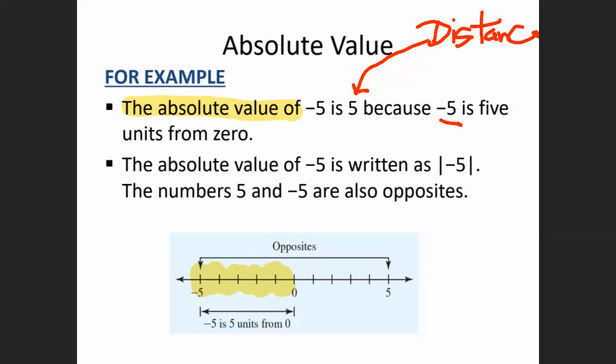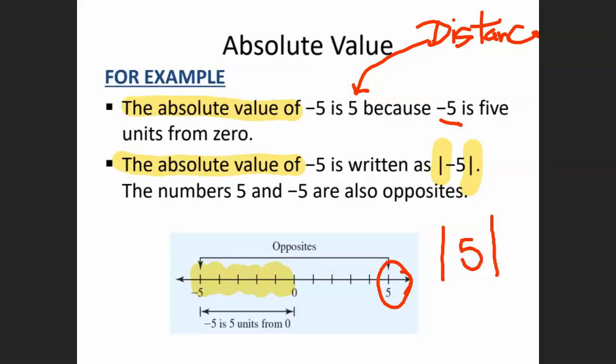So the absolute value of -5, and notice we're now going to take these words and put symbols around it, is written with the 2 bars and -5 is inside. I could also write the absolute value of +5.